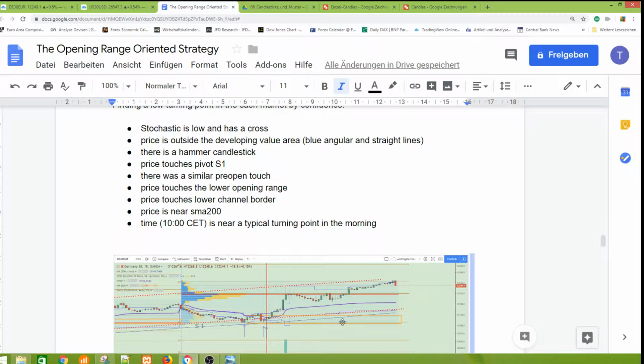The lower opening range is most often a very good support, just as the upper opening range is mostly a resistance. And we see here we have a false breakout before, because this resistance is quite big.